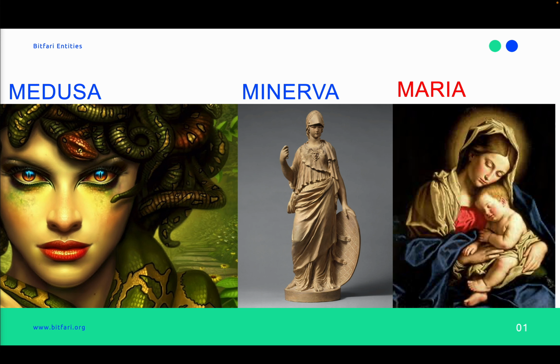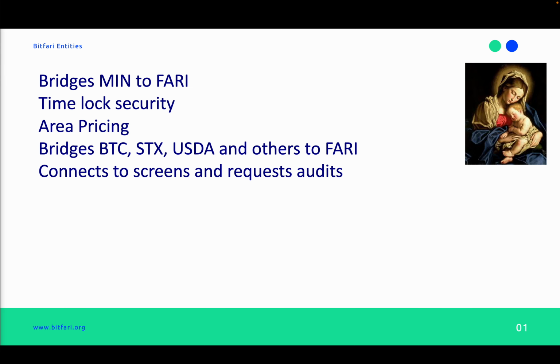Okay, so after we do the filtering and all of that, we go to Maria. And Maria is a bridge. So Maria is the bridge from this chain into Fari. So these mint tokens get actually exchanged on a bridge for Fari tokens, which are money, and that's how miners get paid, right? This reduces fraud.